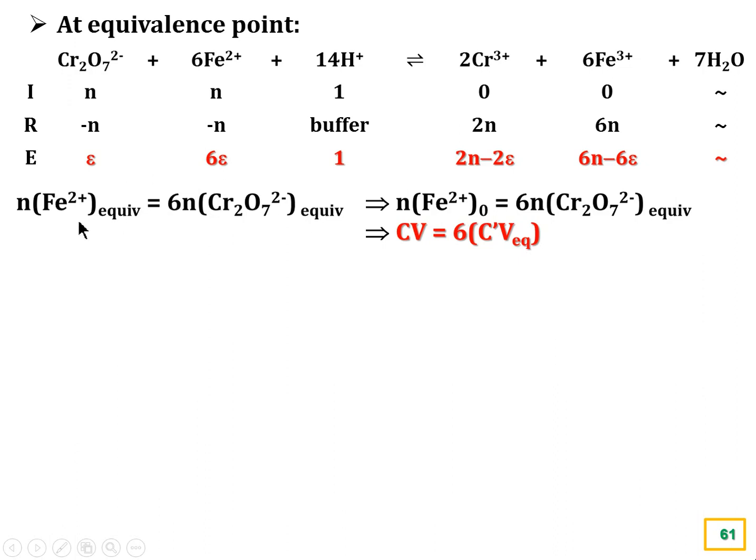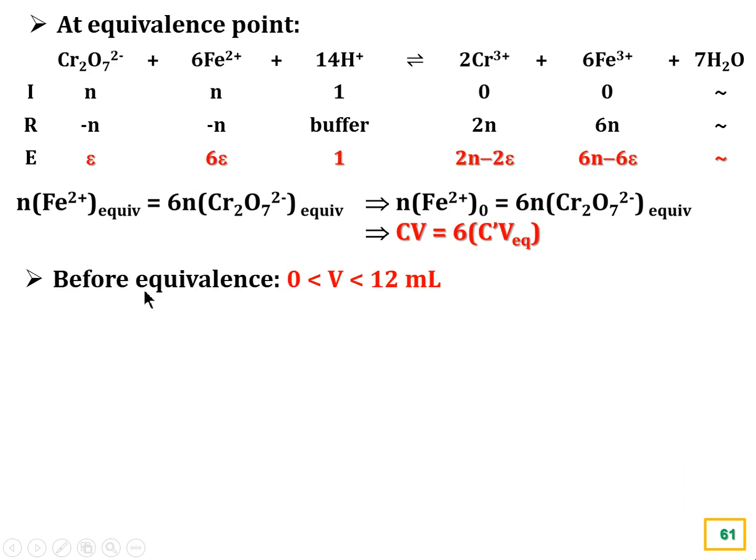And at equivalence, the Fe2+ has reacted completely, so the initial number of moles of Fe2+ equals 6 times the number of moles of dichromate at equivalence. So CV equals 6C'V equivalence. Why do we use the table of conversion at equivalence? Since we only want to find a relation between C, V, C', and V equivalence to be used later.